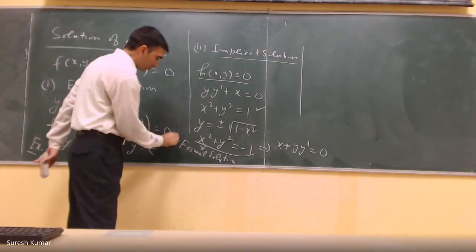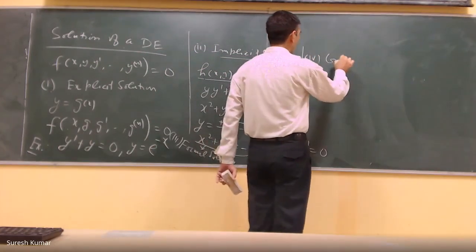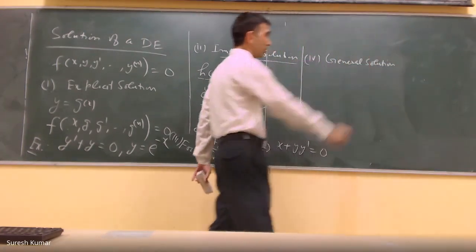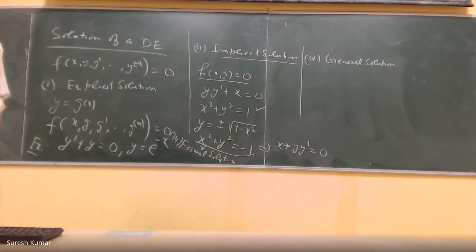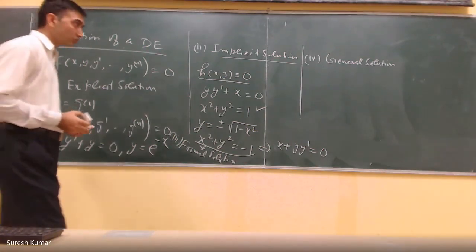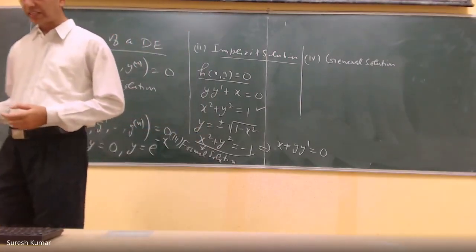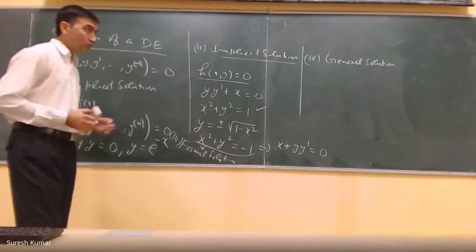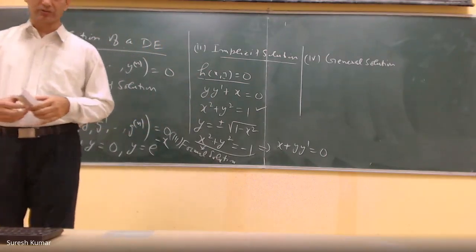For the general solution, listen carefully. It's very important. A solution that carries a number of arbitrary constants equal to the order of the differential equation. Again, I repeat, a solution that carries a number of arbitrary constants equal to the order of the differential equation is called a general solution.